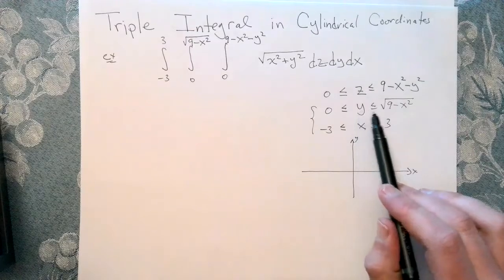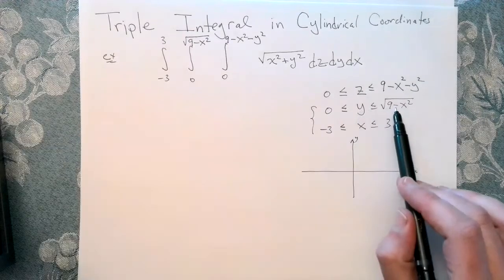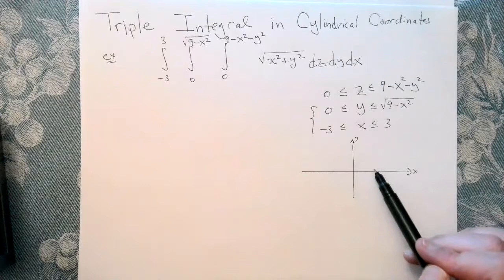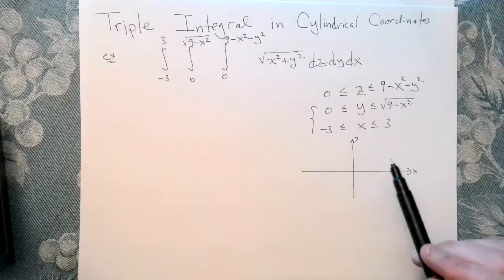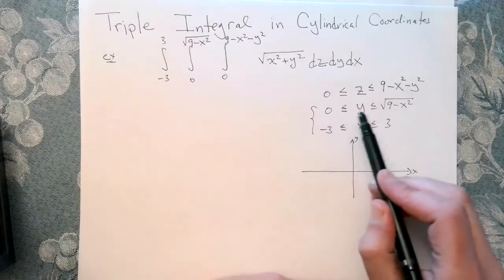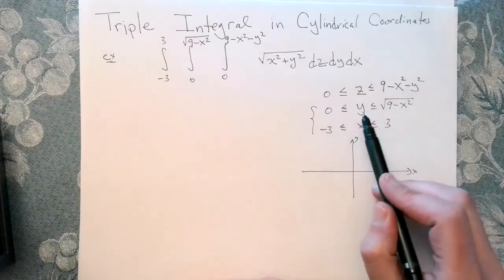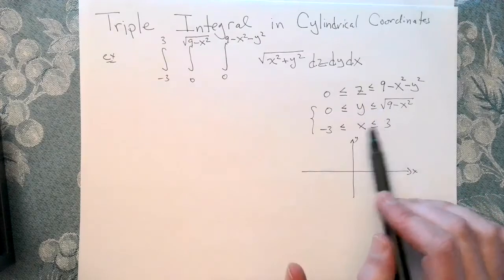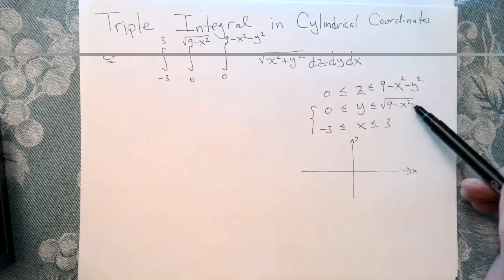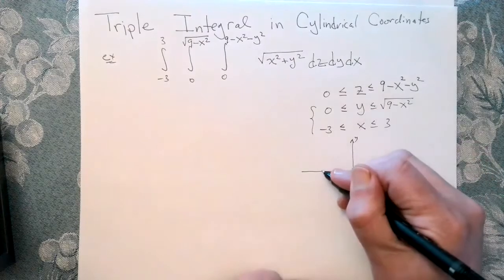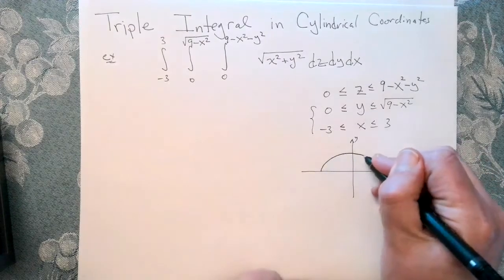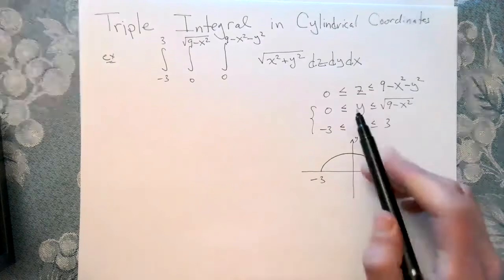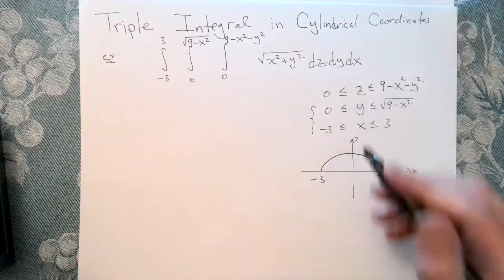Well, we know y equals the square root of 9 minus x squared is the top half of a circle of radius 3 centered at the origin. So this will tell me how much of that I consider. Each of these sort of edits the previous further and further. So since x goes from -3 to 3, it looks like I'll consider this entire half circle here.